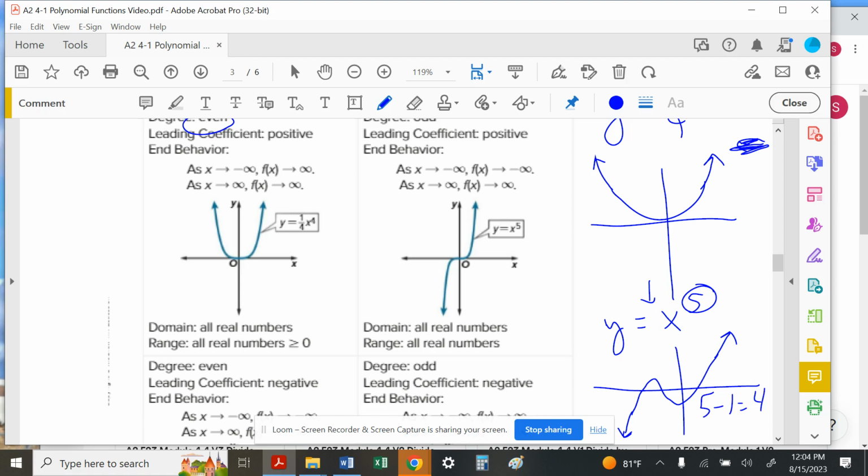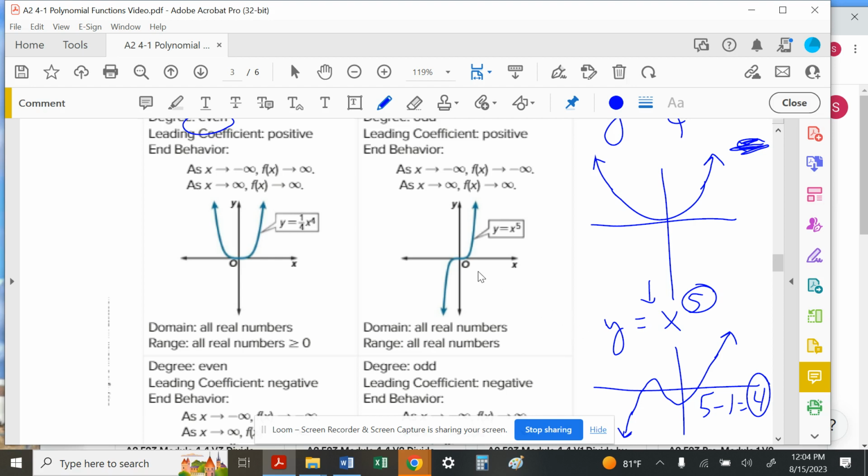That means that there are 4 times that the function could, doesn't mean it will, but it could change positions. Okay. Now notice in our function, it changed twice. So it could change 4 times, it could change 2 times, or it could not change at all. Okay. All those are possibilities.